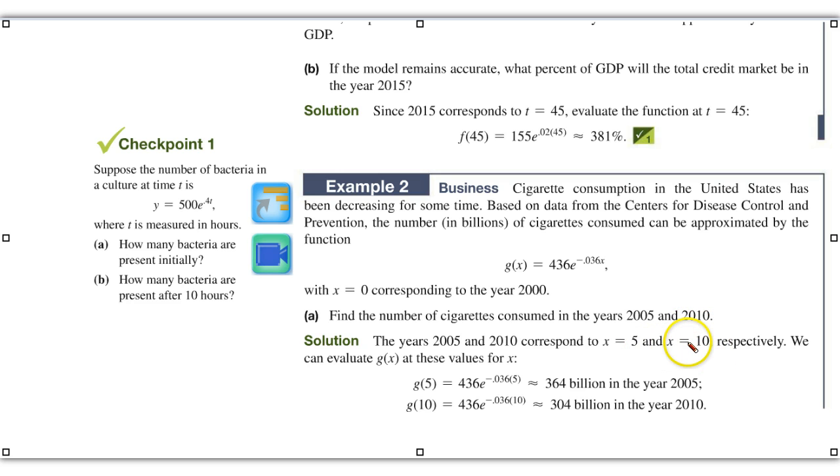Then just putting that into our calculator, this second function e, or however you get to it, then caret, and then all of this in parentheses, negative 0.036 times 5, close parenthesis, gives you this approximation.